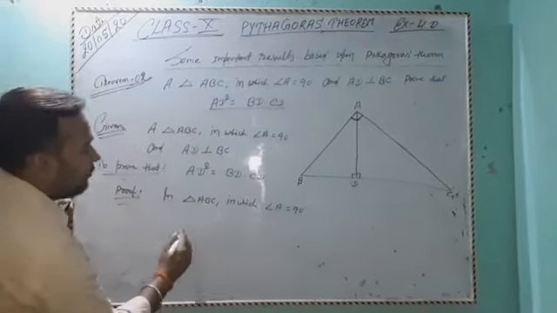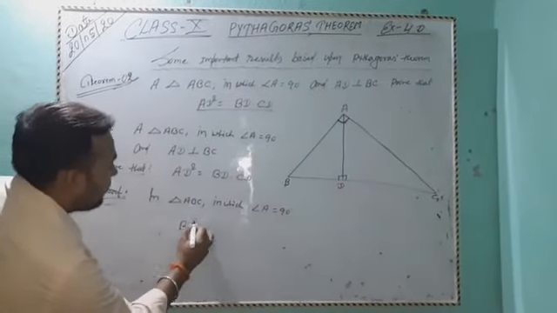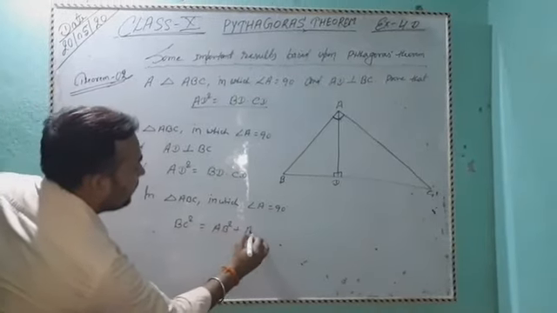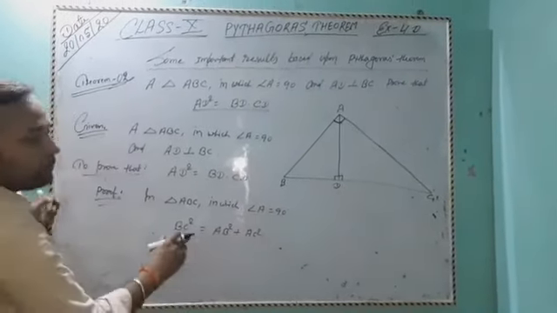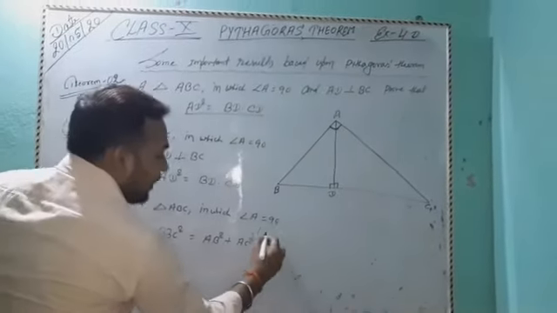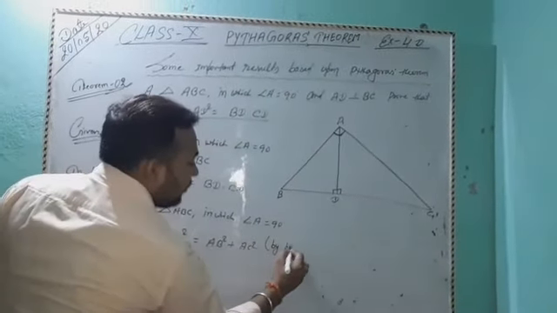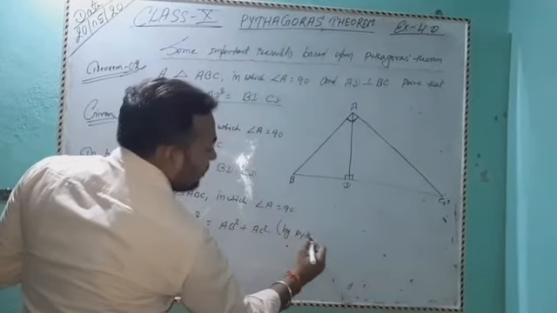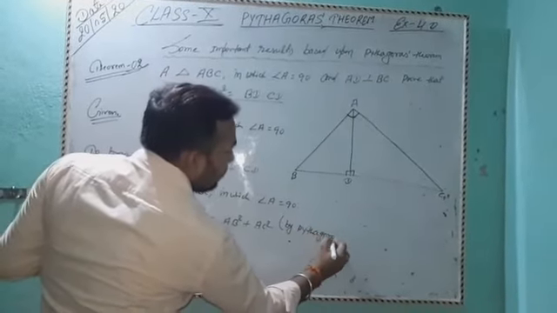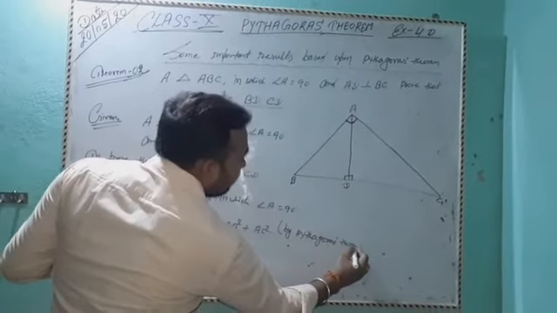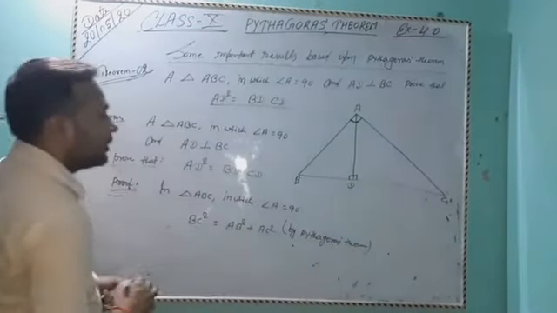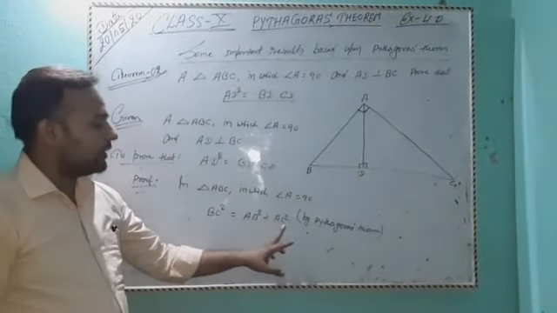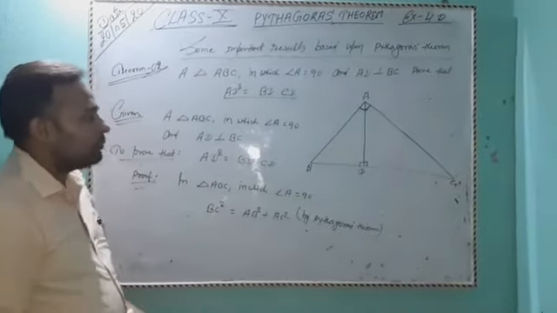So we write BC square equal to AB square plus AC square by Pythagoras theorem.